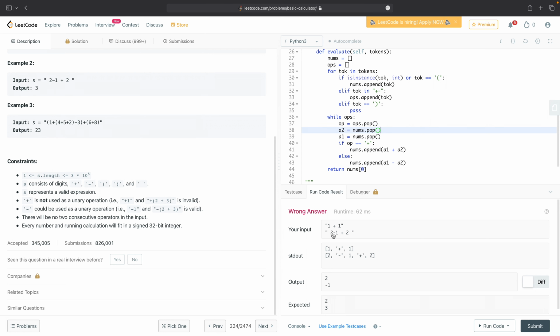We need to put the 1 on the ops stack. Then we put the 1 on the number stack. Then we want to pop off the ops stack.